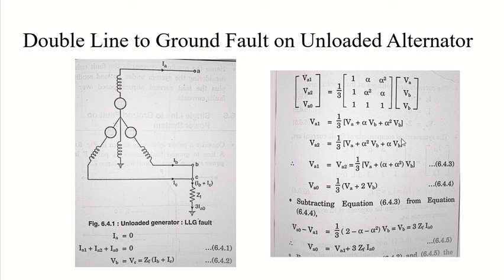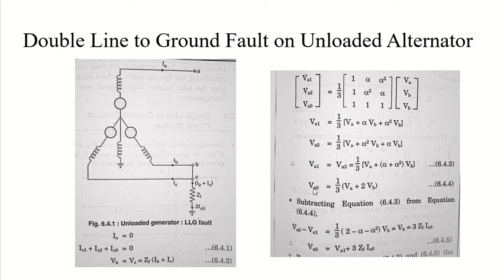Now you have values of VA1, VA2, VA0. You can simply subtract these values because VA1 and VA2 are equal and VA0 is different, so you can subtract VA1 from VA0. And let's see what we will have this time, because we did the same previously as well.